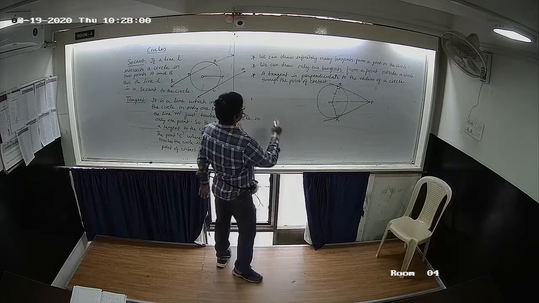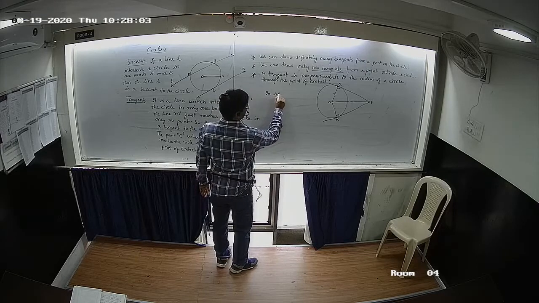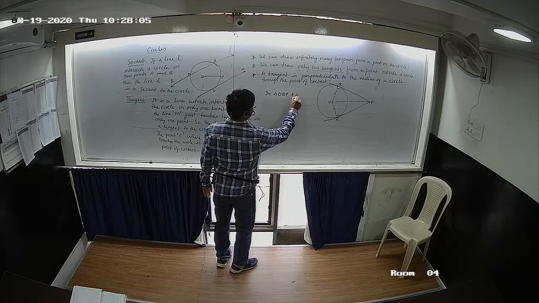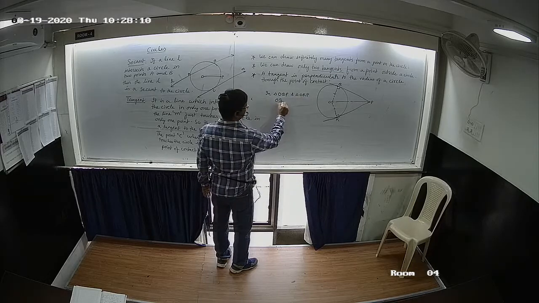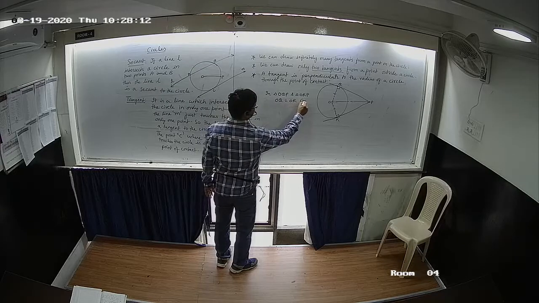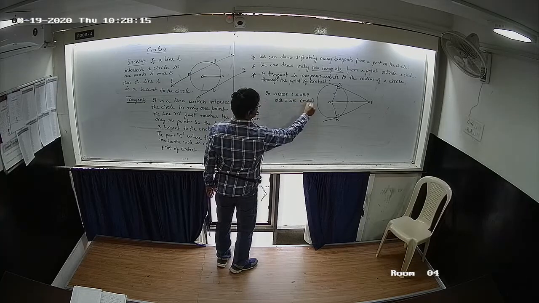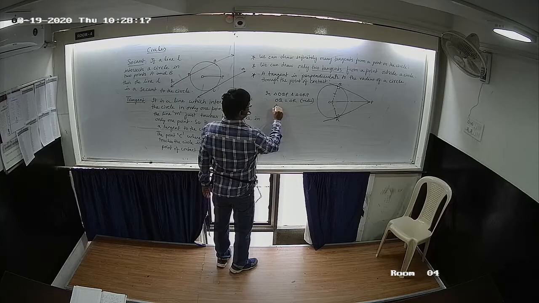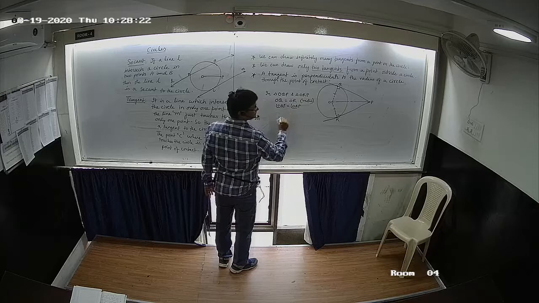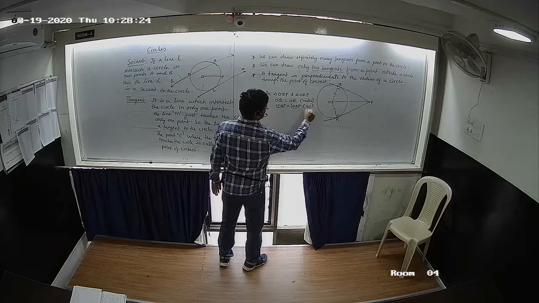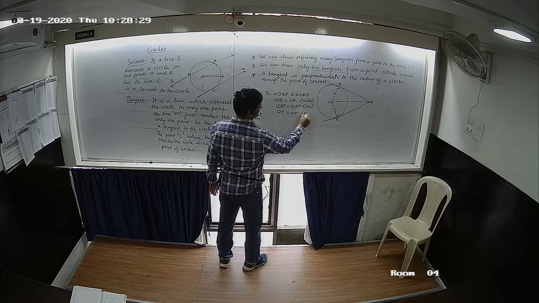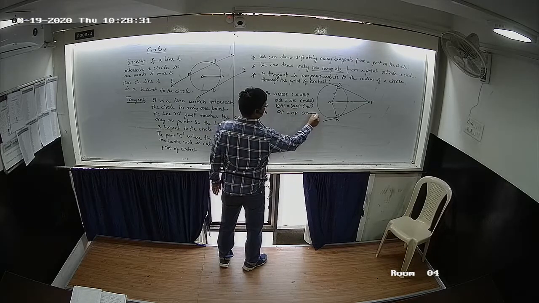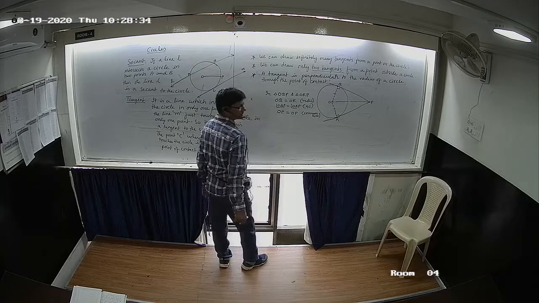So in triangle OQP and triangle ORP, we have OQ equal to OR, radii of the same circle; angle OQP equal to angle ORP, 90 degrees; and OP equal to OP, common side.